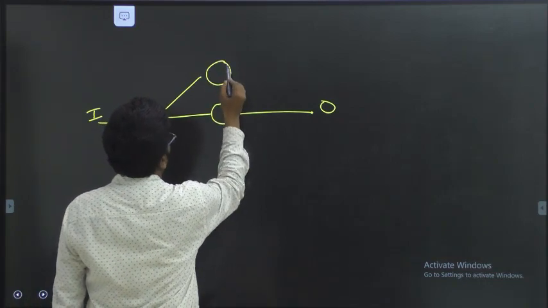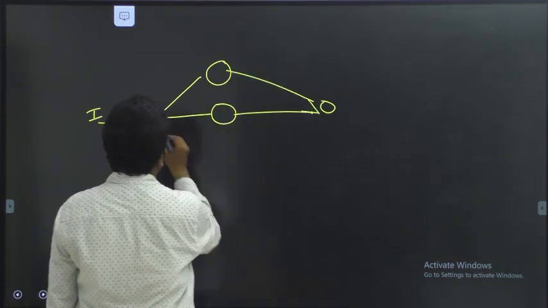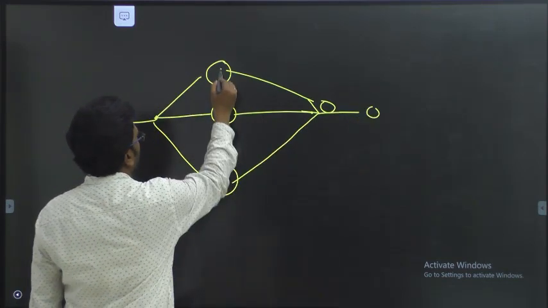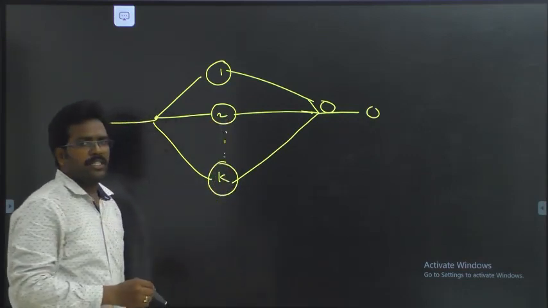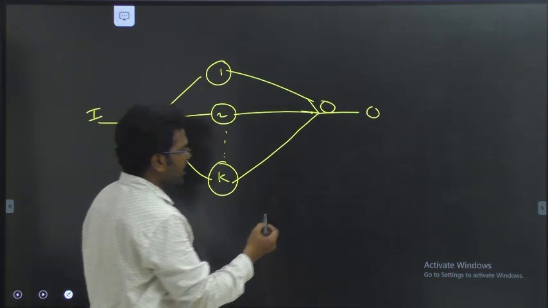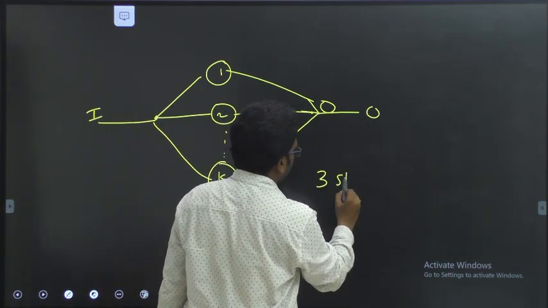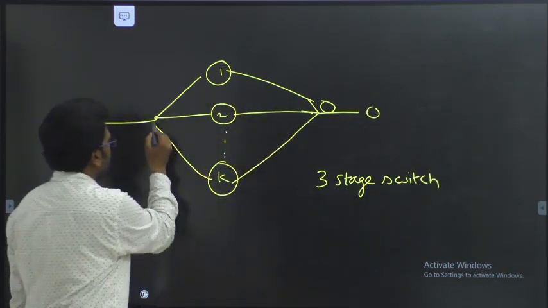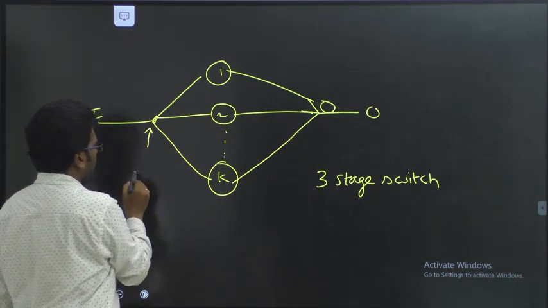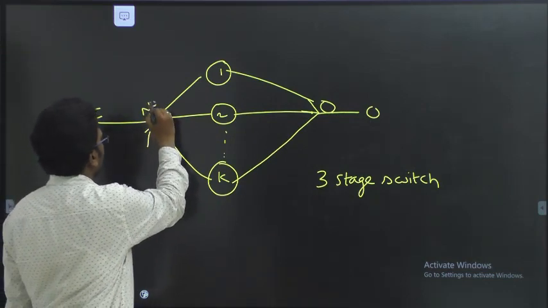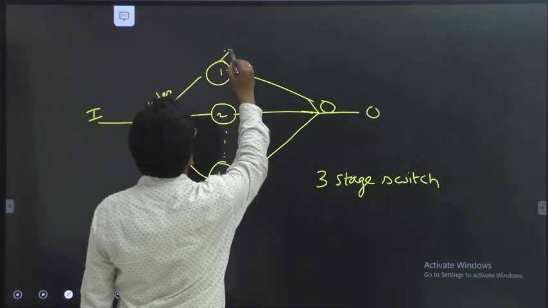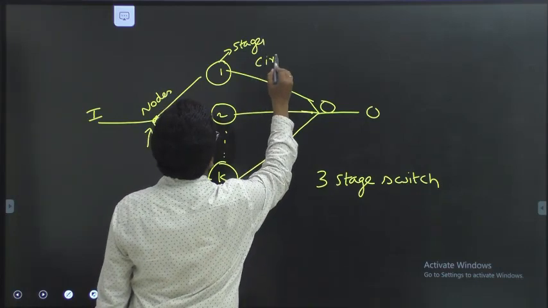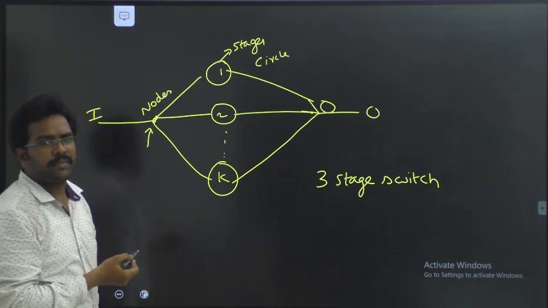Like this, you can have K number, one, two, and so on up to K. This is the type of graph we used in analyzing the blocking probability of a three-stage switch, where we replace the inputs and outputs with nodes and the stages with circles, called switches.